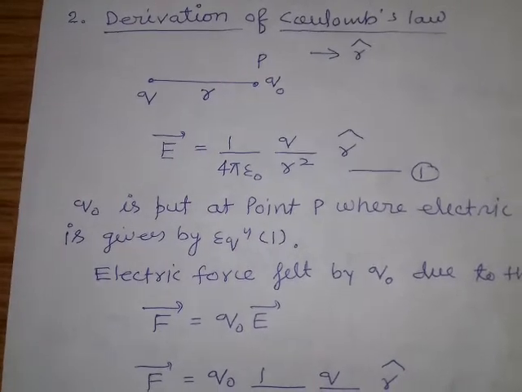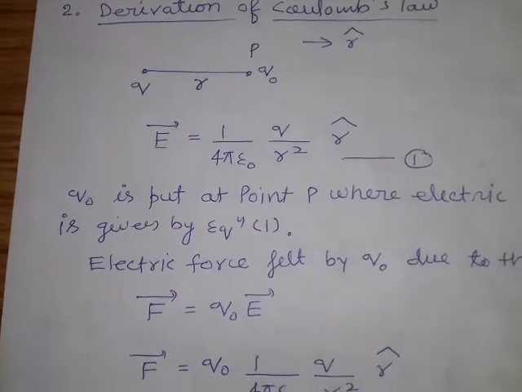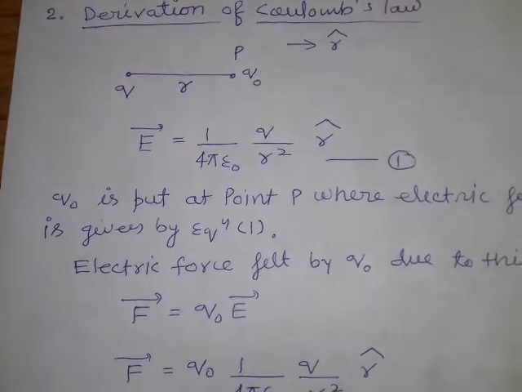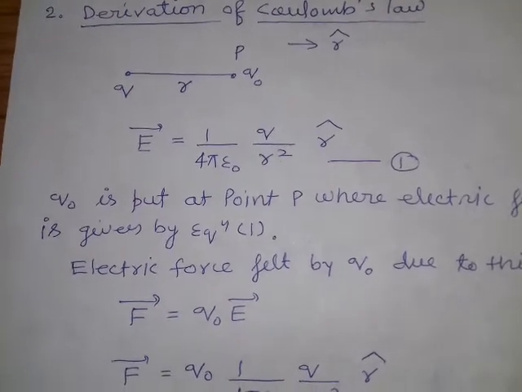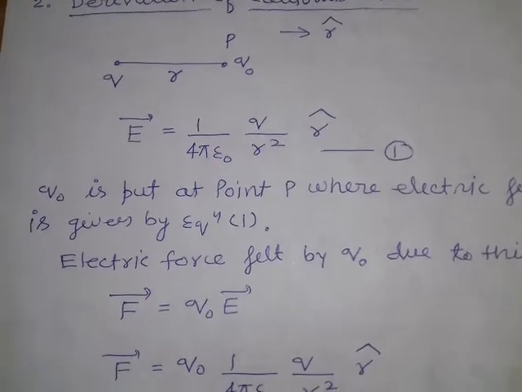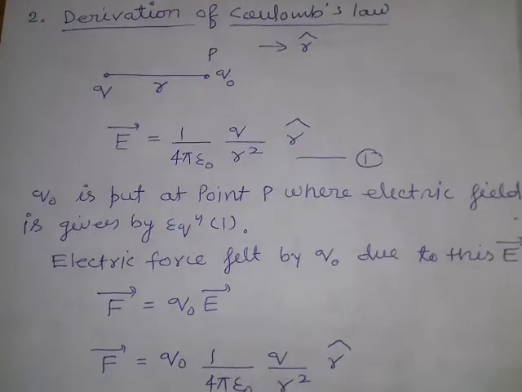We will calculate the electric field at point P due to the source charge q by the Gaussian approach as we did earlier. The result would be vector E is equal to 1 upon 4 pi epsilon naught q upon r square r cap. This is equation first.